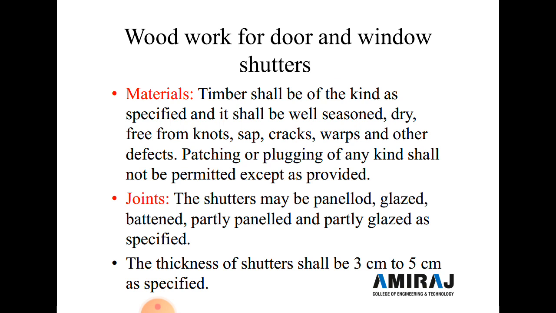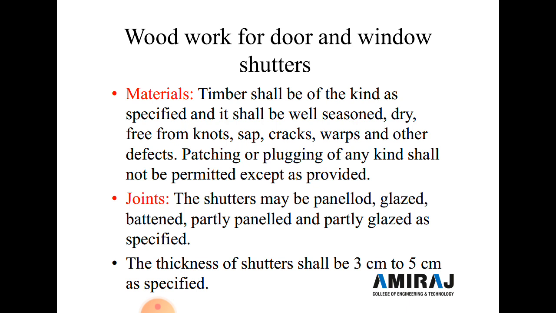For the window frame or window shutter, the timber shall be of the kind specified, and it shall be well seasoned, dry and free from cracks, warps and other defects, and patching or plugging of any kind shall not be permitted except as provided.